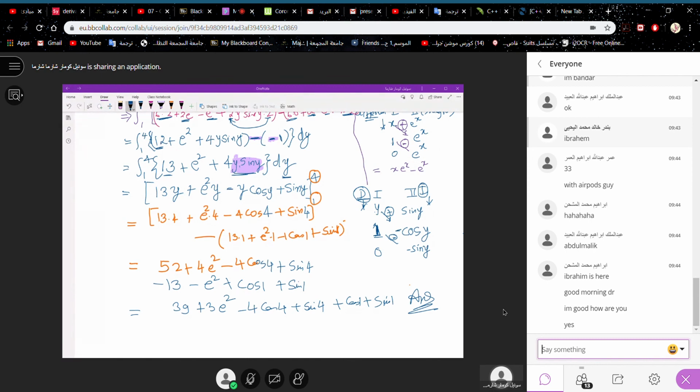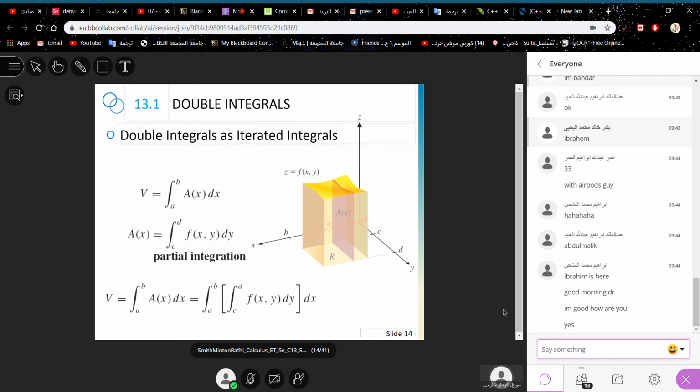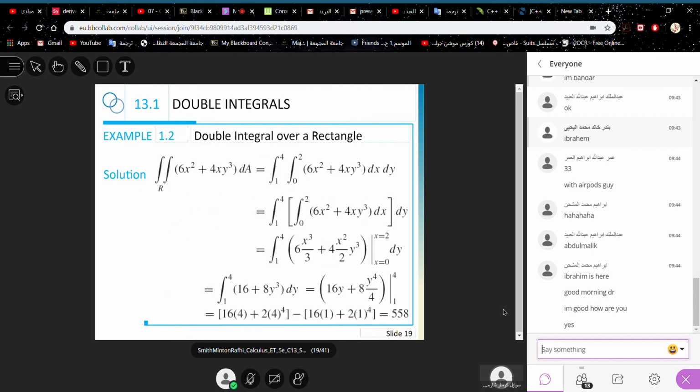What type of region? The moving boundaries.